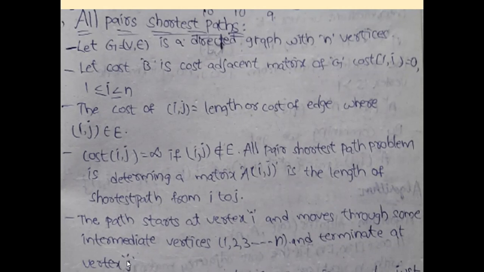A power 1 is a matrix of all the shortest paths through intermediate vertex 1. A square means all the shortest paths go through intermediate vertex 2. Next, A cube means you are finding all the shortest paths in the matrix through intermediate vertex 3.